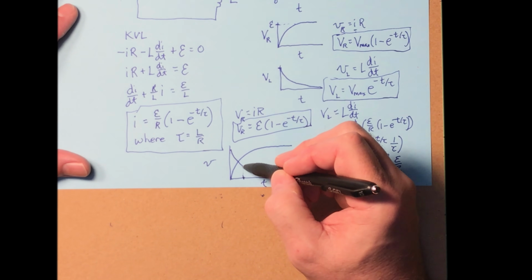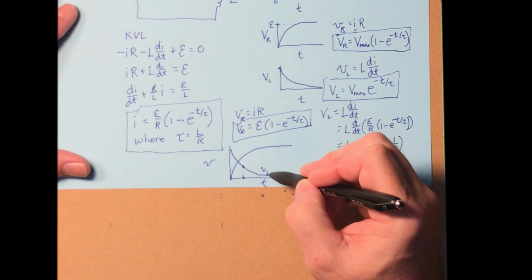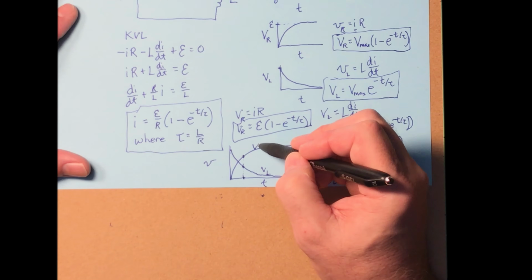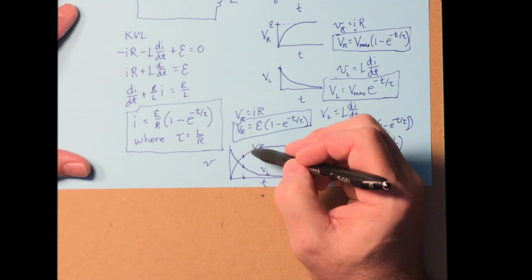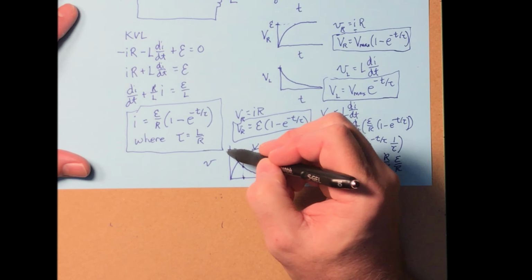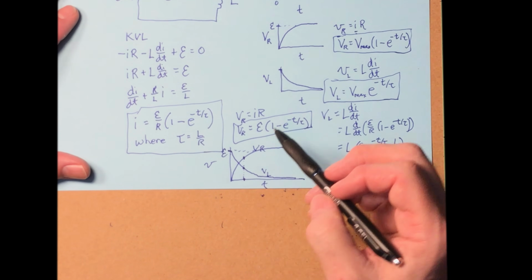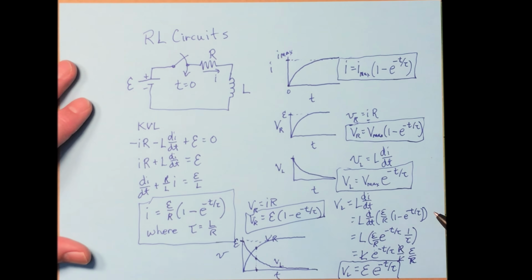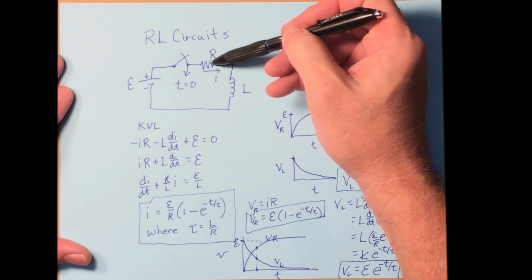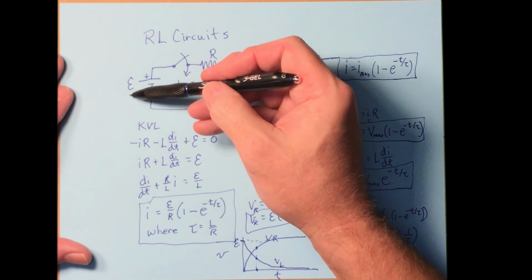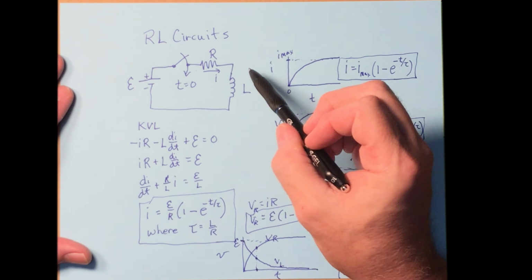If you go up here, that's the V sub L curve, and then take that and add it to the V sub R curve, you would discover that those two things added together is equal to E. And that will always be the case, because that's the way series components work here. The voltage across this plus the voltage across this is equal to the voltage of the battery. And that's true for any time.